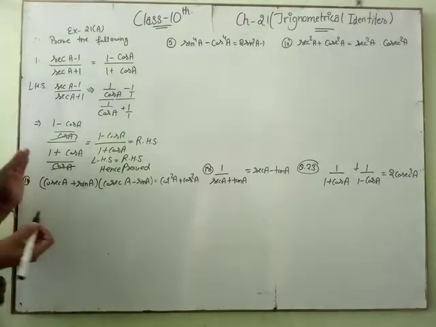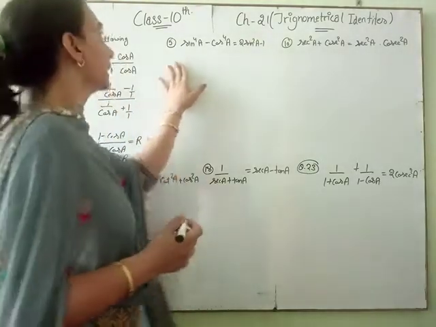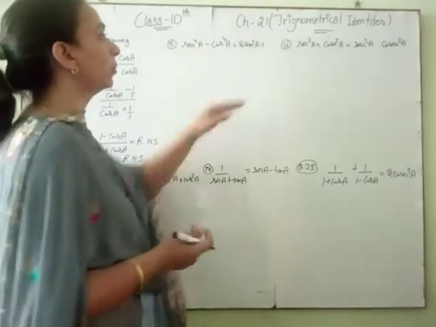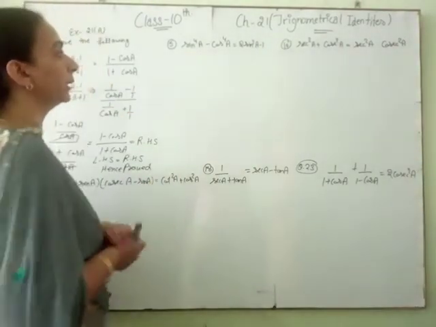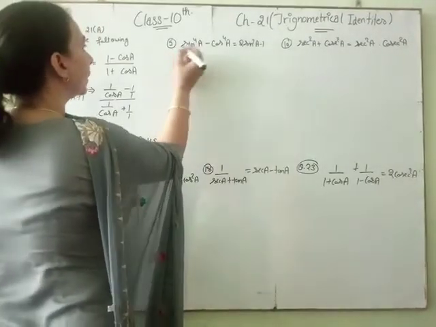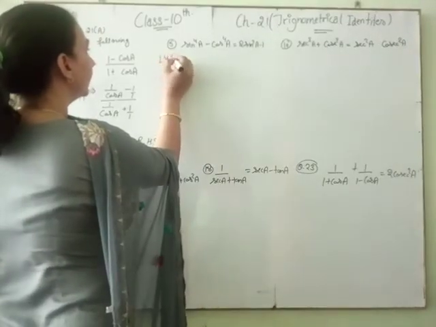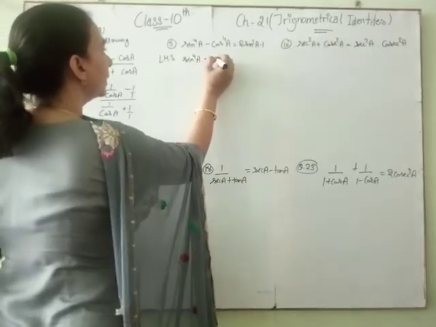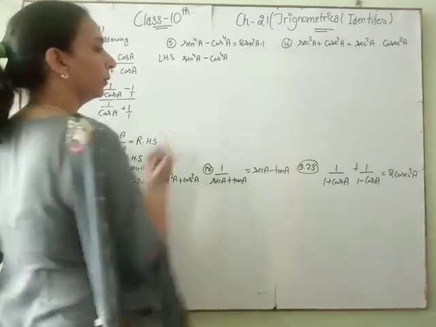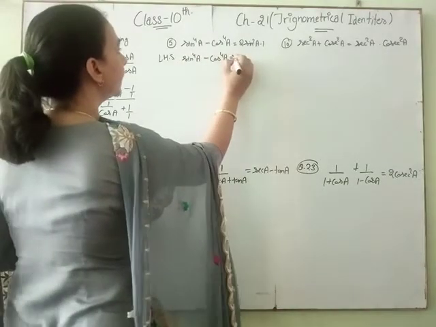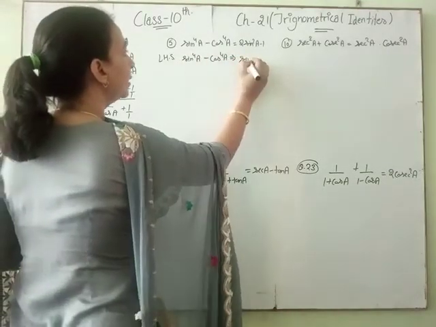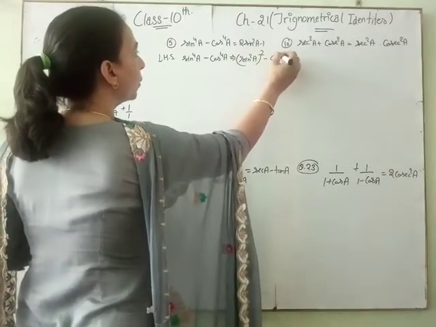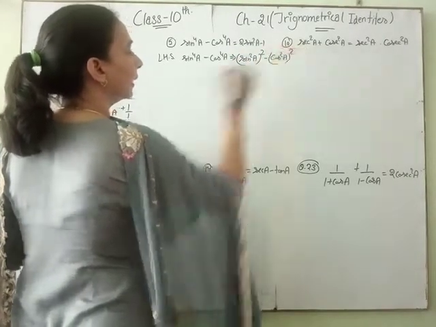Then question number 5: sin^4 a minus cos^4 a equal to 2 sin square a minus 1. I take the left hand side, sin^4 a minus cos^4 a. We write this as sin square a, whole square, minus cos square a, whole square.